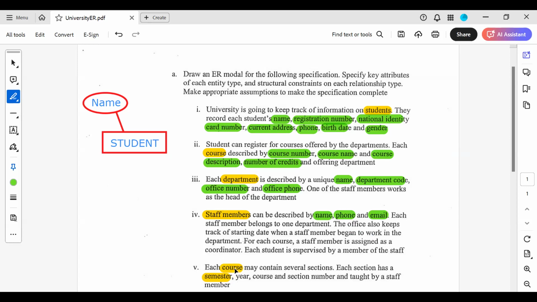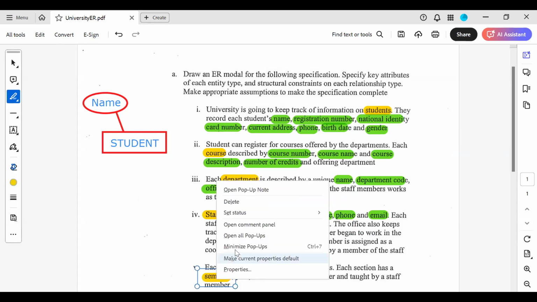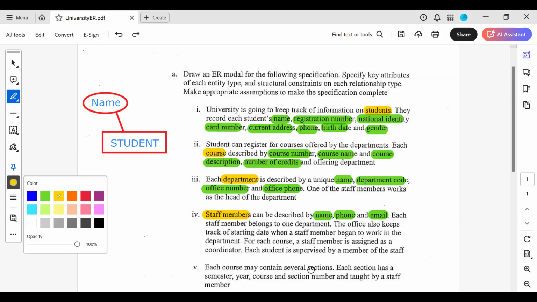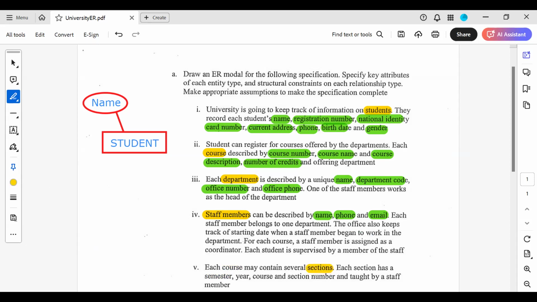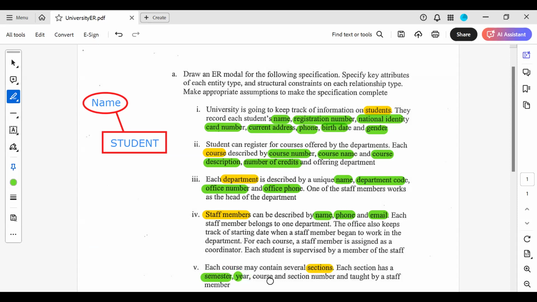Since we have courses here, I can remove this. Semester is also not an entity, but you can have section. Sorry, we will have section. And then let's think about the attributes. Each section has semester, year, course, section number.